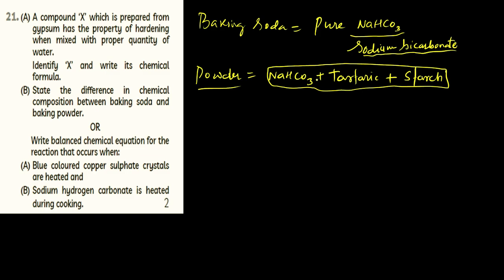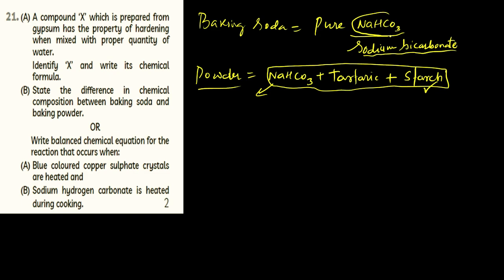All these ingredients are mixed together, and when this mixture is used in baking, it quickly produces carbon dioxide. Okay, so there is no need to add acidic substance, and there is no need to activate it. It's already having that starch which catalyzes the reaction.